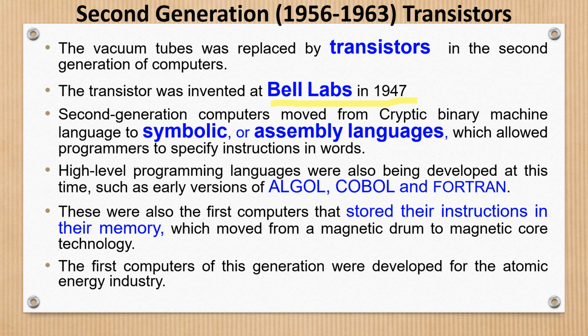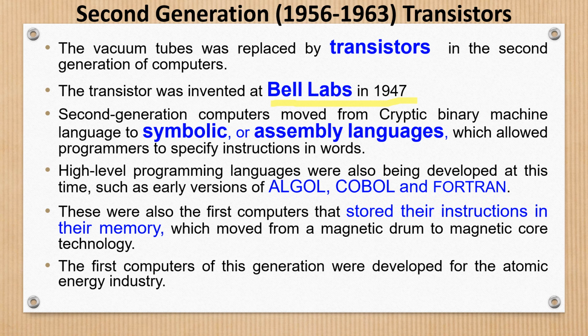For subtraction, you specify SUB. For multiplication, you specify MUL. So instead of remembering 0 1 patterns, you just specify their mnemonics or symbols, and that concept is called assembly language.